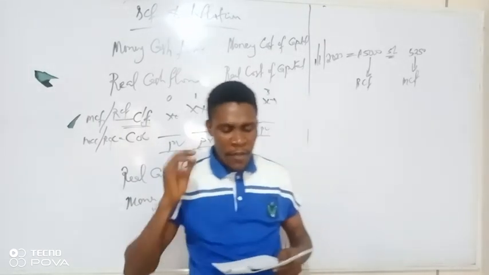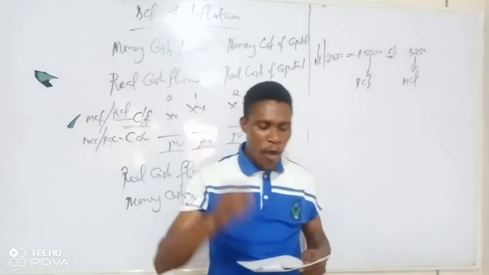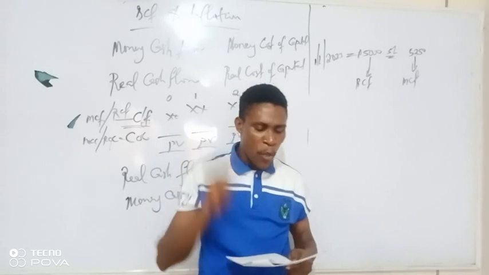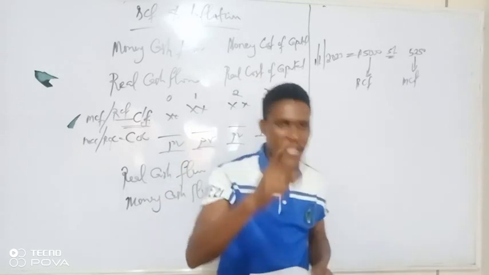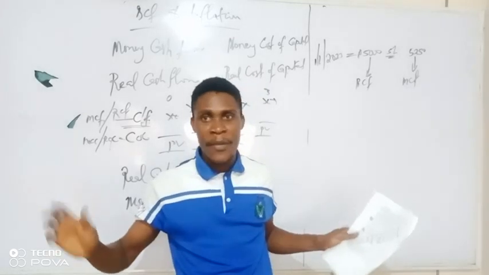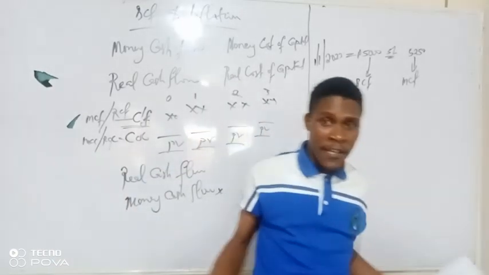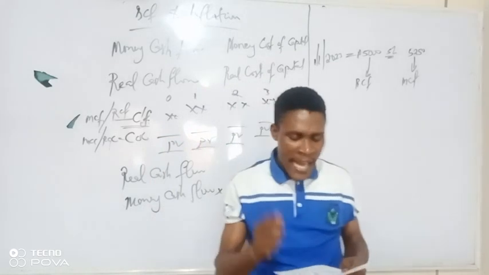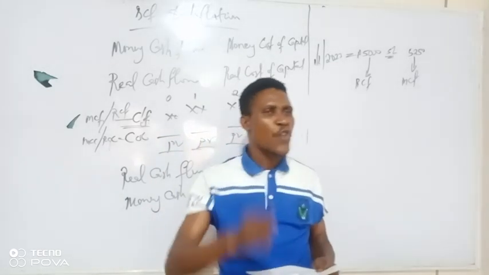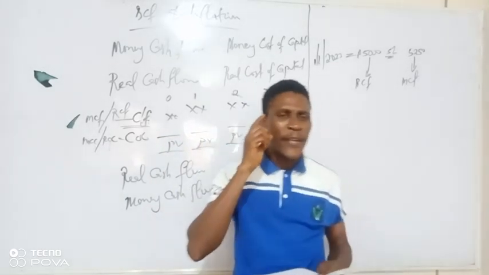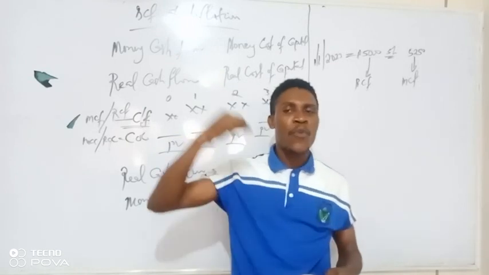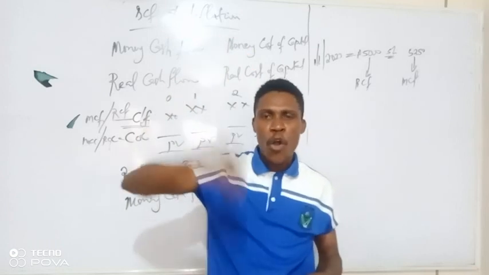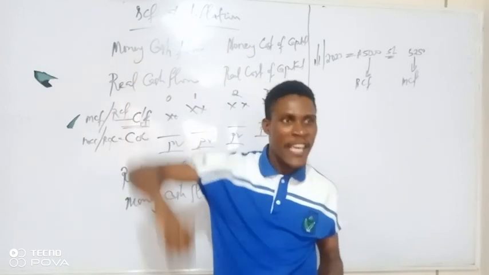But briefly, it is the rate of return required by the investor for investing in a project of a given risk. Required by who? By the investor. That's the cost of capital. Based on our calculation of cost of capital so far, the cost of capital that we have got is money cost of capital.